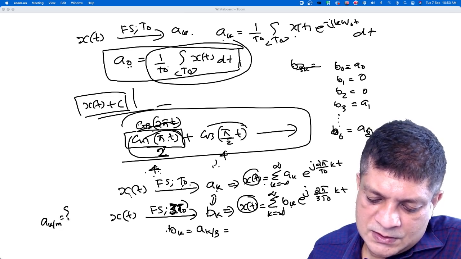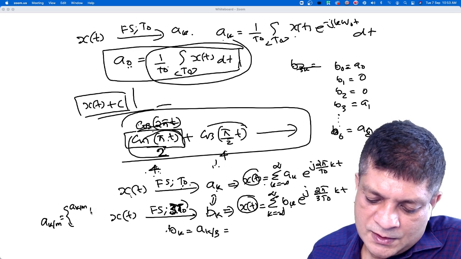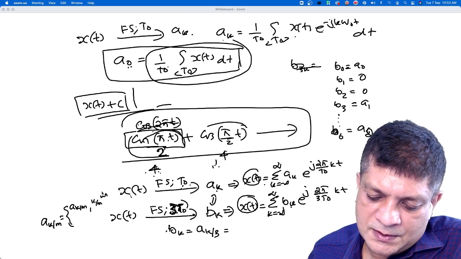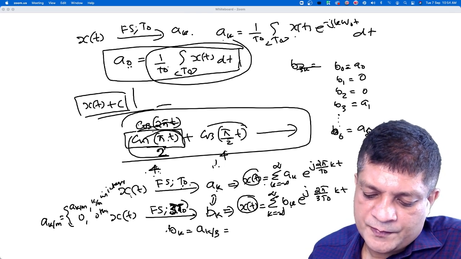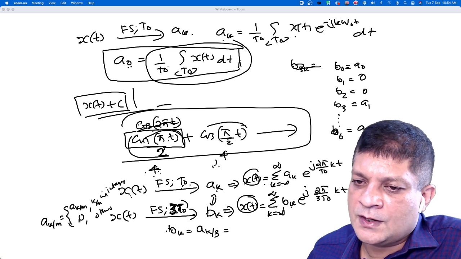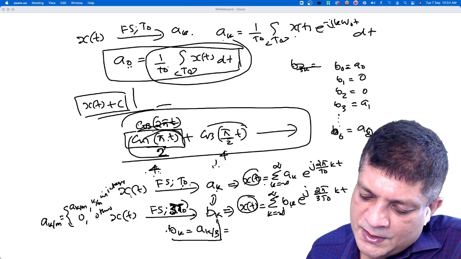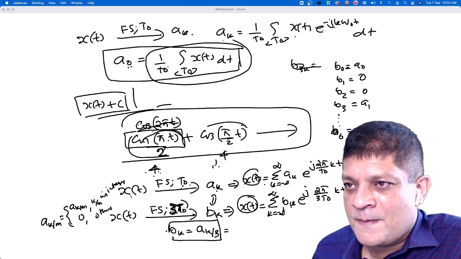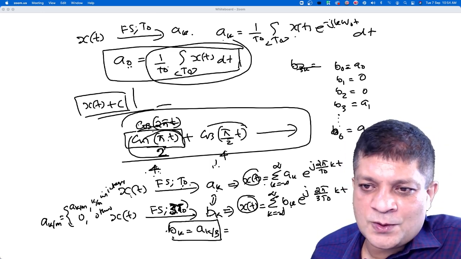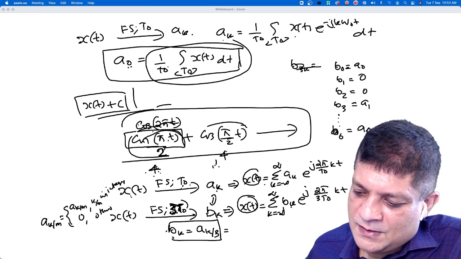We can generalize this: a_(k/M) is the short form for a_(k/M) when k by M is an integer, otherwise it is 0. When this is an integer, it takes that value; otherwise, it is 0. So is it this? b_k is a_(k/3)? Yes or no, in this particular case?